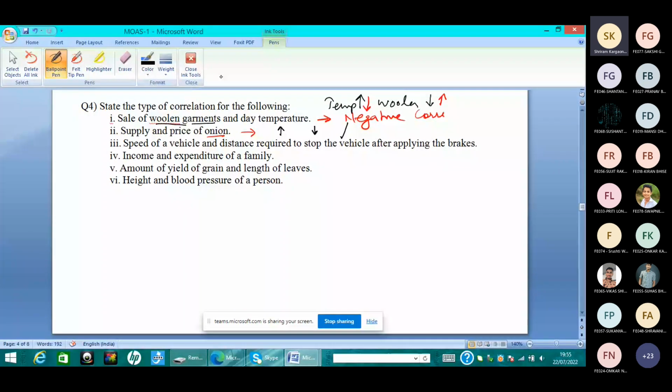But when the stock is not there, supply is reducing, then prices go up. If stock is low, say 50 kg is needed but only 10 kg is there, then the price of that 10 kg will rise. They will sell it at a higher price.